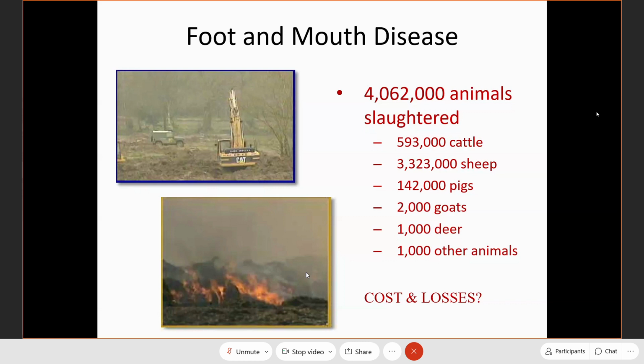Foot and mouth disease virus does not cause direct mortality to cattle, but morbidity is very high. Low mortality, high morbidity. But why do a lot of animals die?